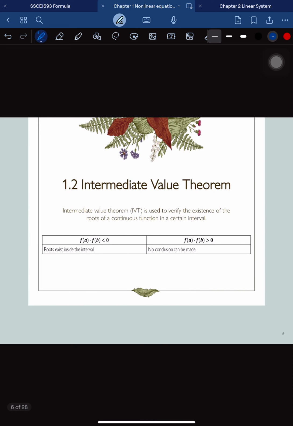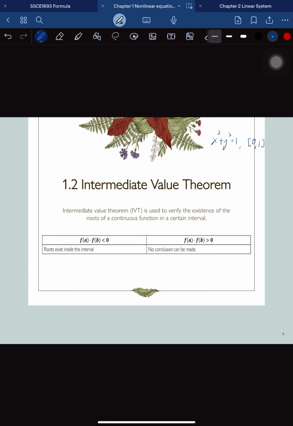Alright, we have one theorem, the IVT theorem. Why do we want to apply the IVT? Because we want to verify the existence of roots in a certain interval. For example, we have x squared plus y squared minus 1 on this interval. We apply the IVT to verify whether a root exists.